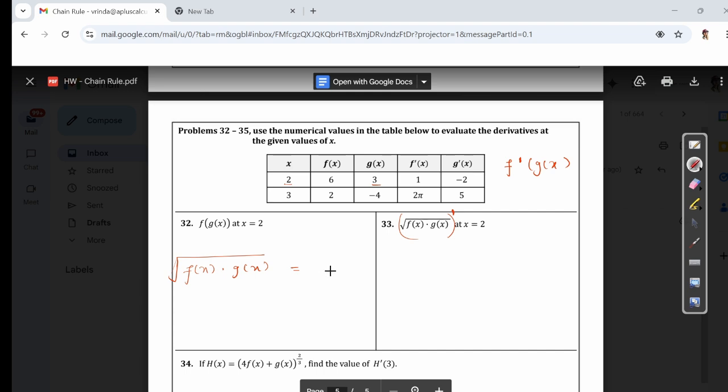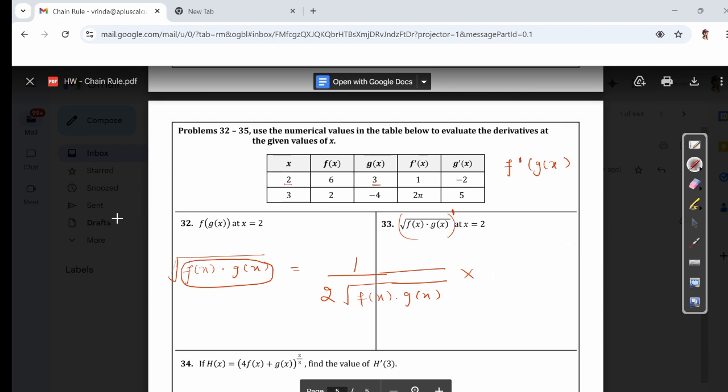Wouldn't it be 1 over 2 times root of f of x g of x? Yes. So this is the derivative of the outer function and then the derivative of whatever is inside.